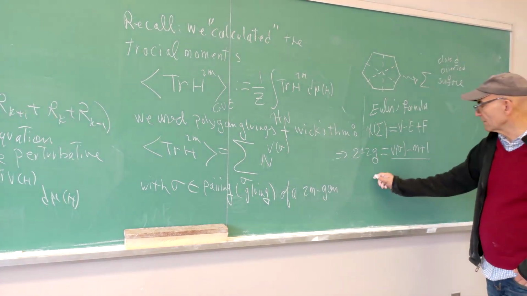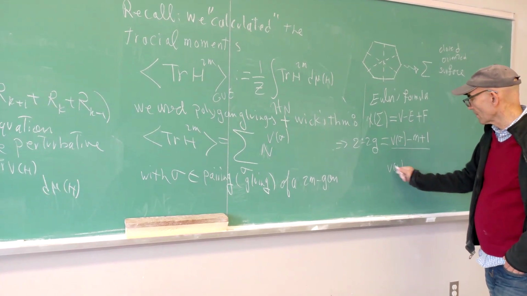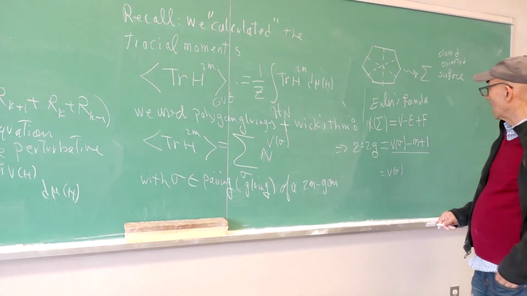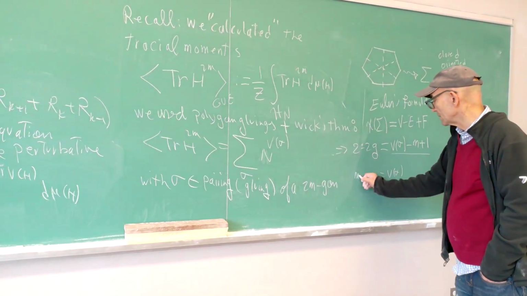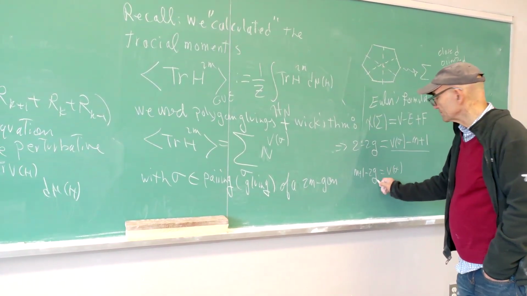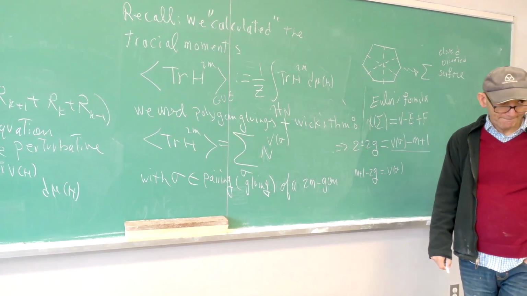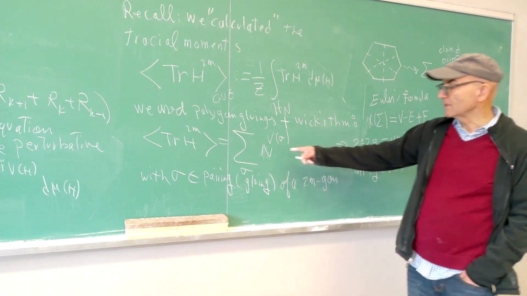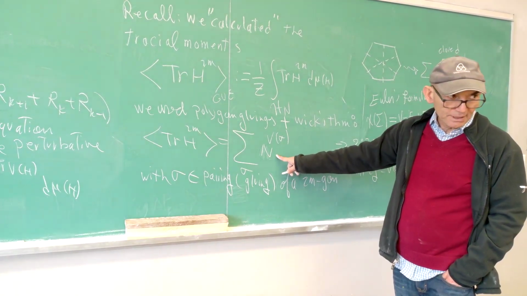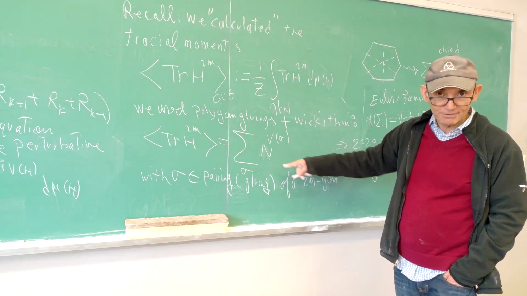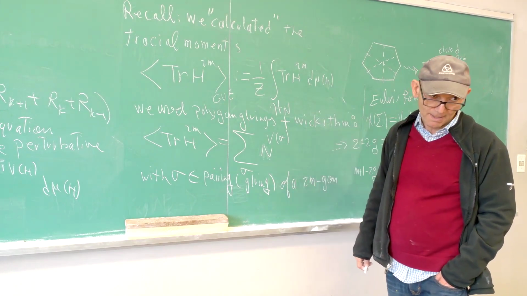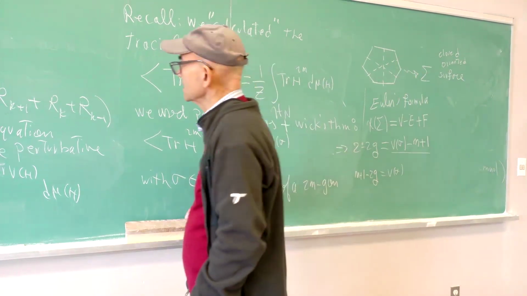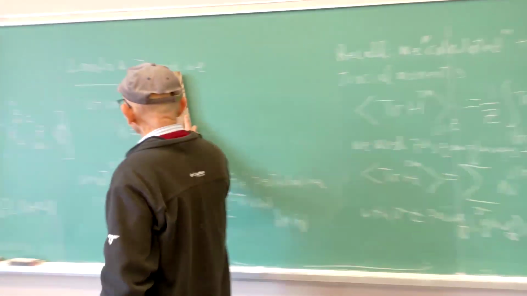So here you get that V of sigma, if you bring it to this side, is equal to m plus 1 minus 2g. So alternatively, then we can write this not in terms of vertices, but in terms of the genus of the Riemann surface that we obtain. So the formula in terms of genus is this formula.